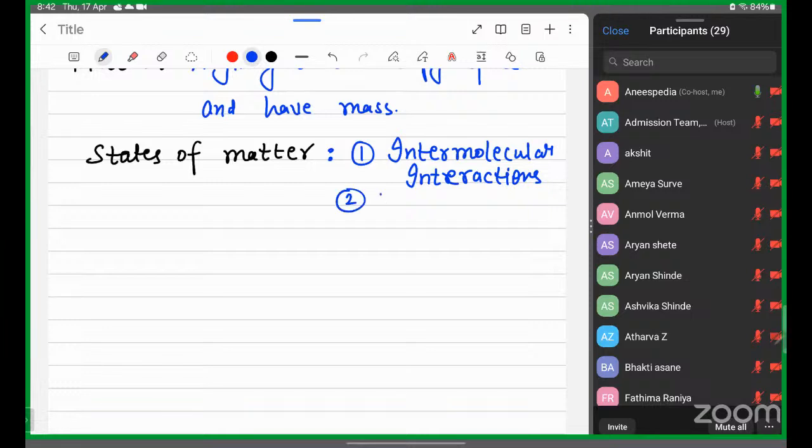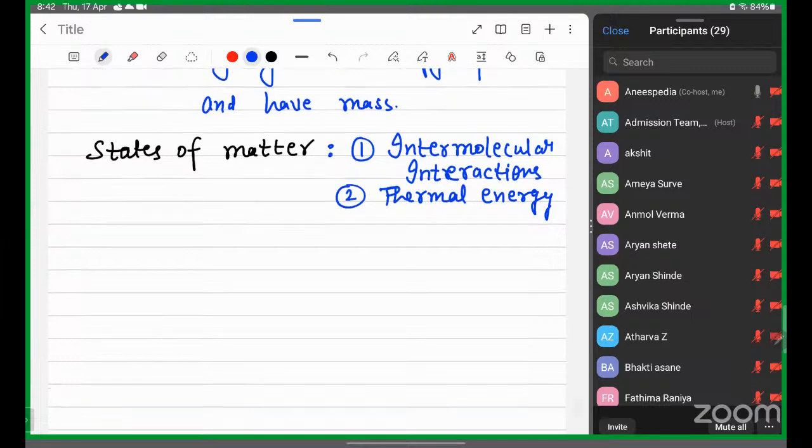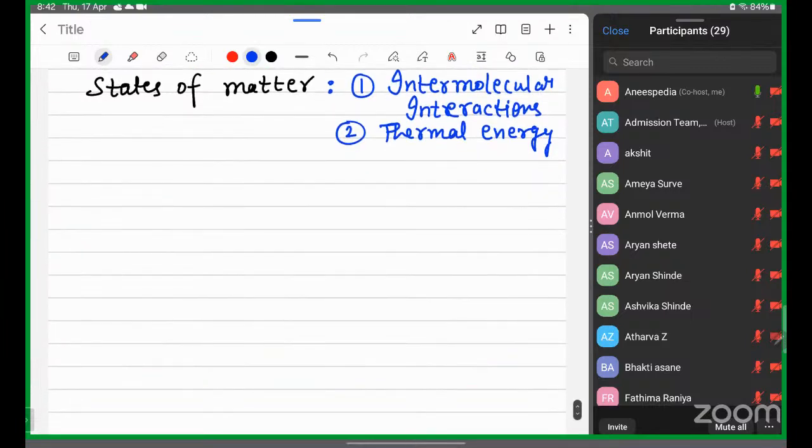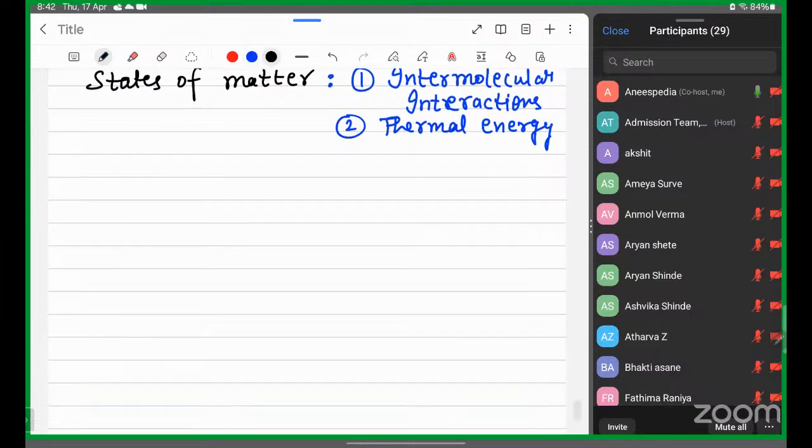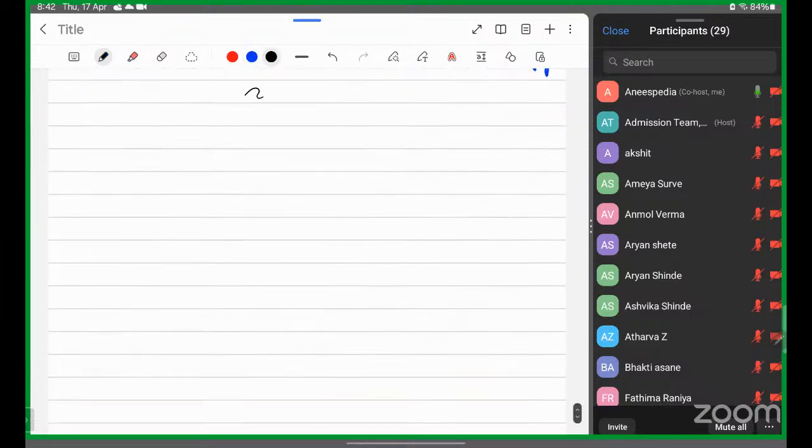And the second parameter is thermal energy. So by the combination of these two parameters, matter can exist in different states. The states of matter in which we are interested are solid, liquid, and gas.